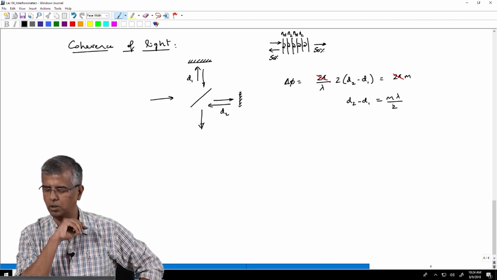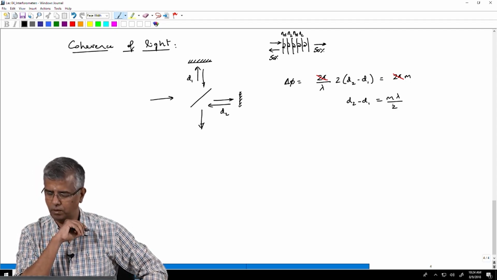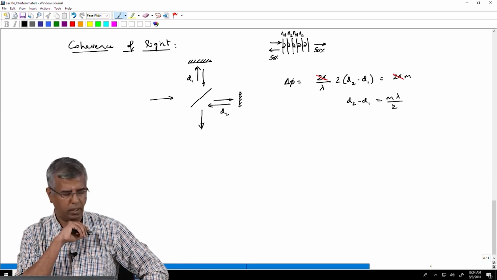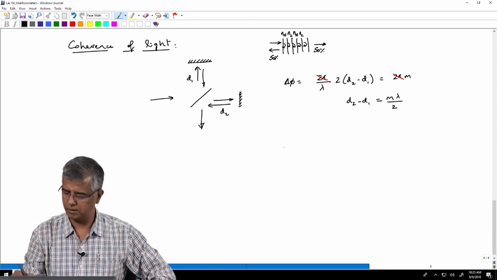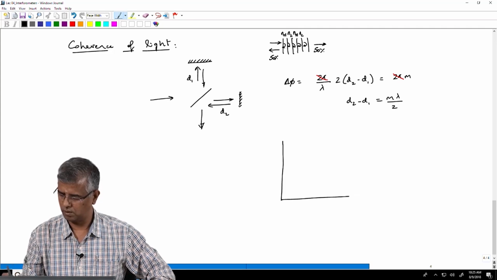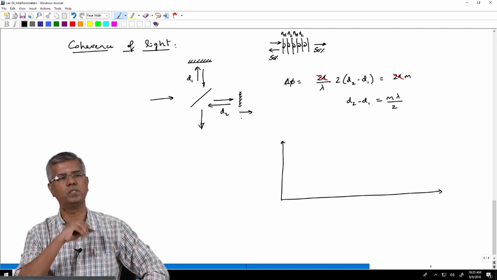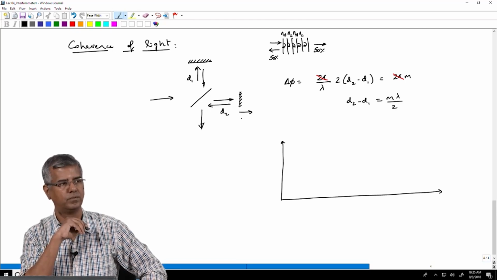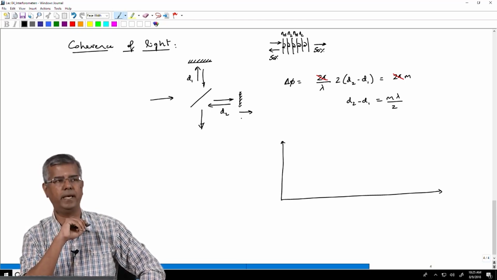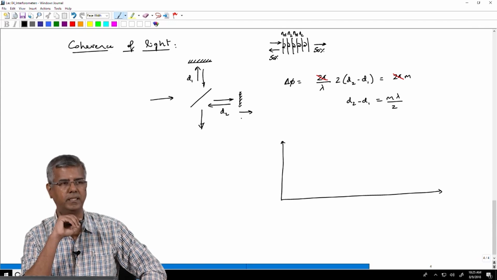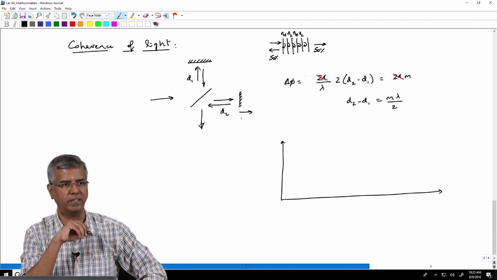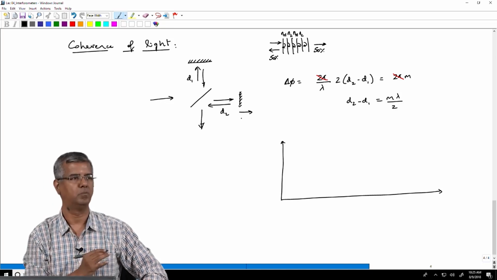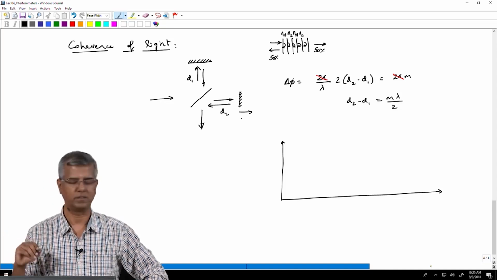Okay. So, suppose I move one of these mirrors. Initially let us say I have the condition that d2 equals d1, right, and then I start moving one of these mirrors.